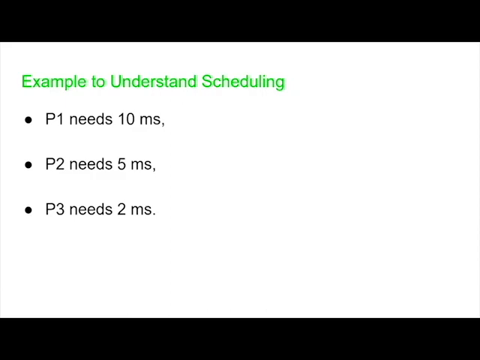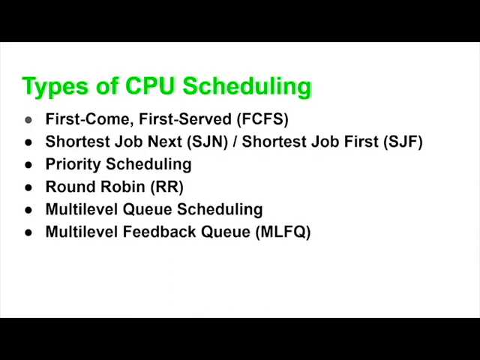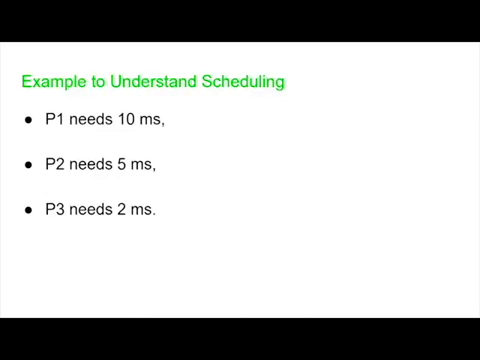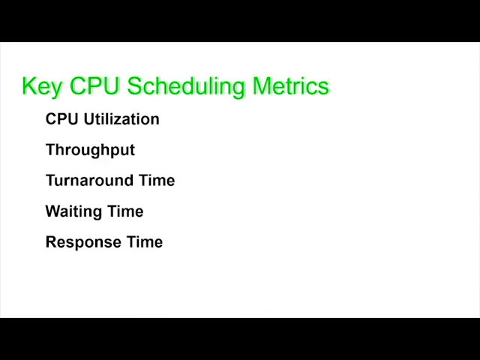I would like to know which of the above six CPU scheduling algorithms is more efficient to process and execute these three tasks, and at what time. Please write your thoughts and answers in the comment section. So we will move forward.